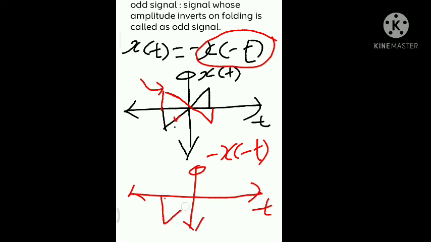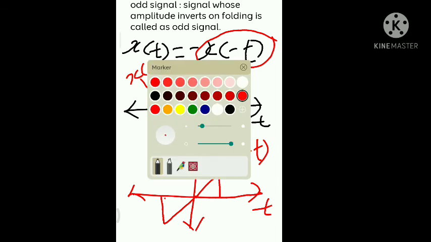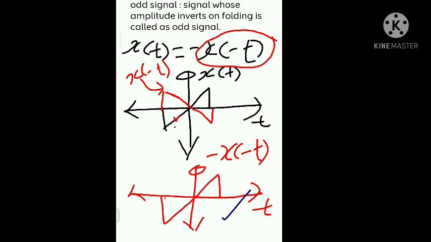You have to draw like this, and for this you have to draw like this. This is your x(-t), and this is your minus x(-t). So you can see that this waveform, that is minus x(-t), and this x(t) waveform are the same. So this is the odd signal.